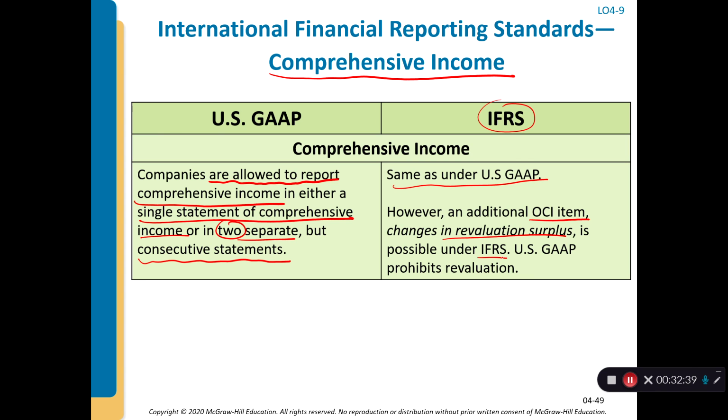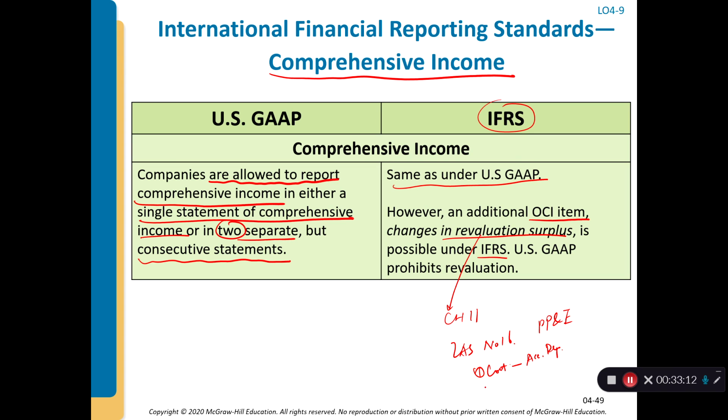What does that mean, changes in revaluation surplus? It's in chapter 11. We will learn that IAS, International Accounting Standard number 16, permits companies to value PP&E, which is property, plant, and equipment, at cost less accumulated depreciation, which is what we learned, the book cost minus the accumulated depreciation.